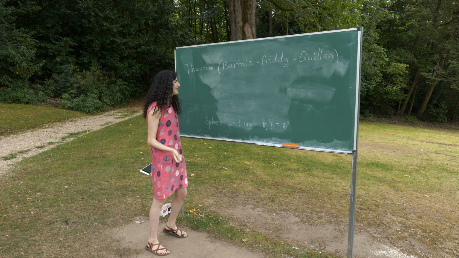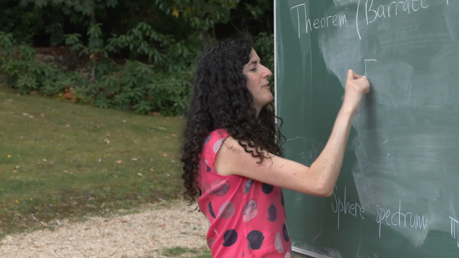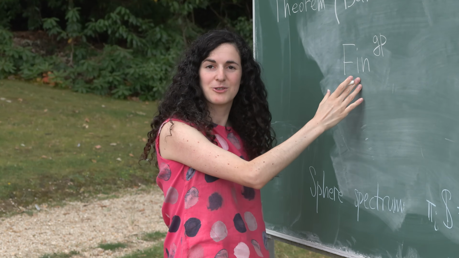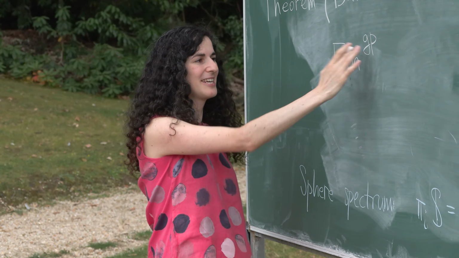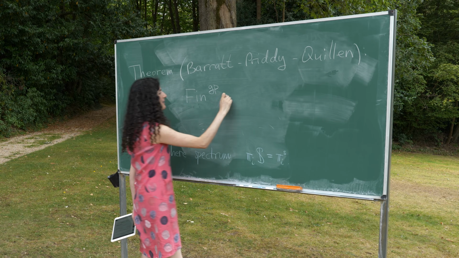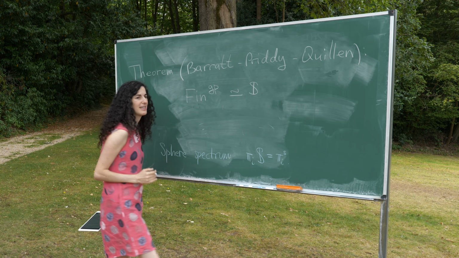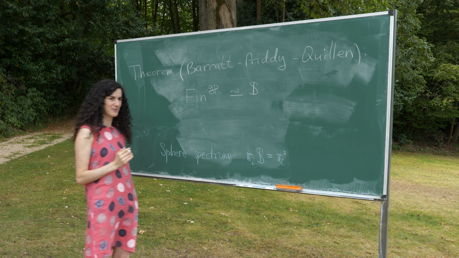So the theorem tells you that if you take the space of finite sets and consider it as a monoid with respect to the disjoint union of finite sets, and then take its group completion, then what you get is the sphere spectrum, so the space that encodes all the stable homotopy groups of spheres.